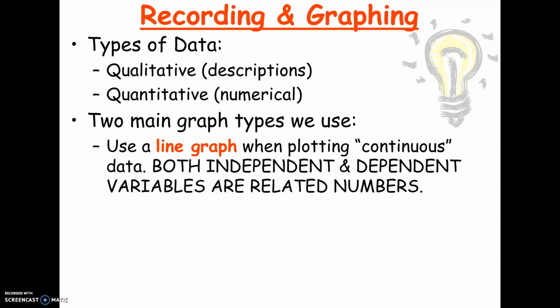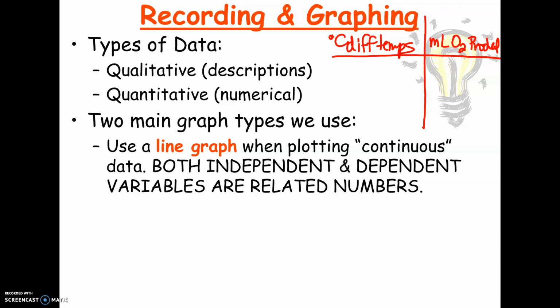Let me give you a really good example where a line graph would be our best option. Let's say that you are going to put a plant at different temperatures, and you are going to measure the amount of oxygen that's produced. So amount of oxygen and temperatures in degrees Celsius.